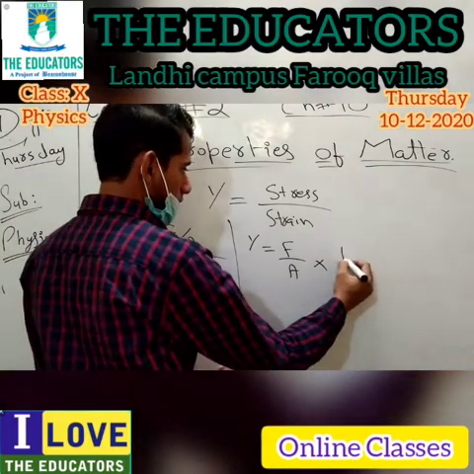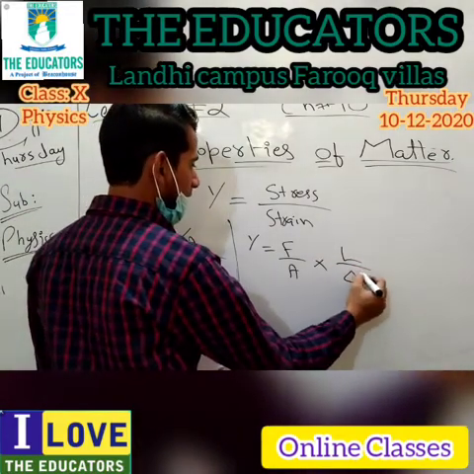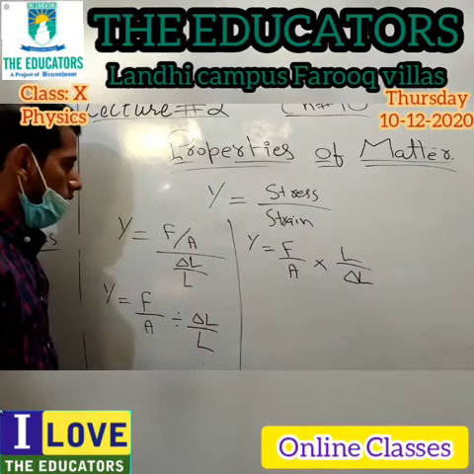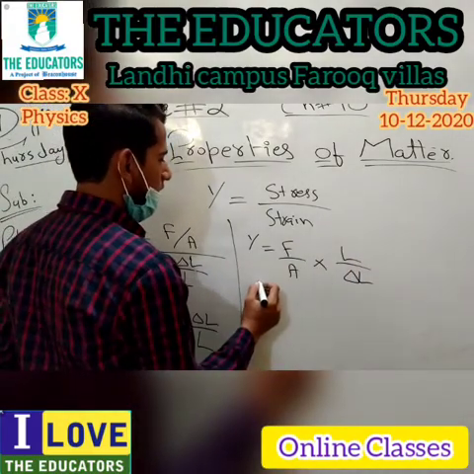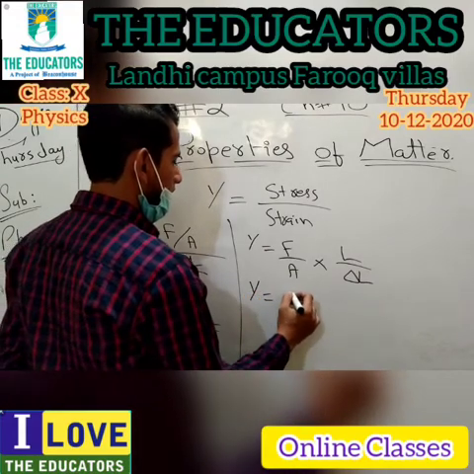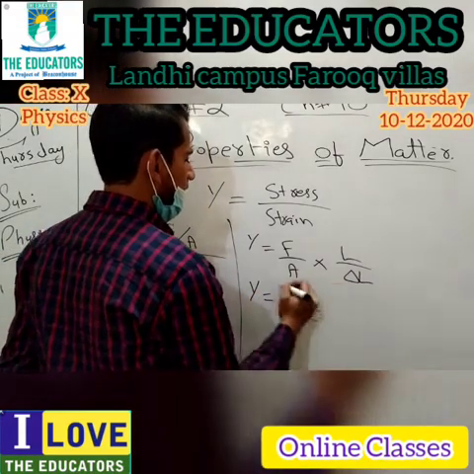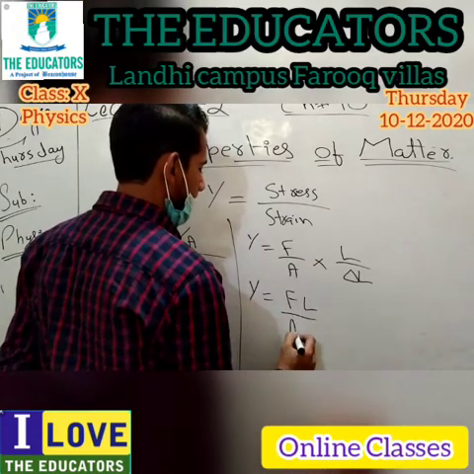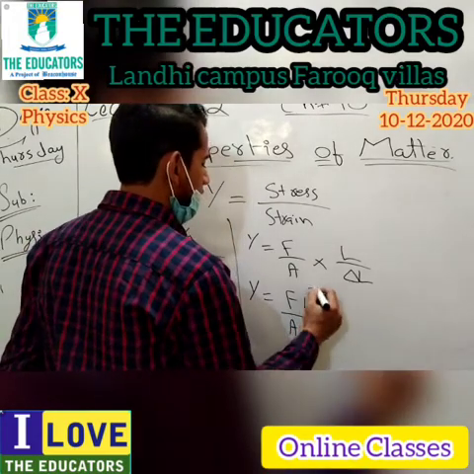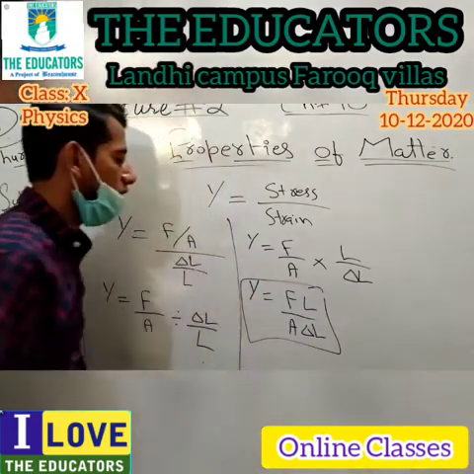Here del L and L will shuffle their positions. Now F is multiplying with L, that will be FL, and that will be A del L. So that is the final expression for Young's modulus Y.